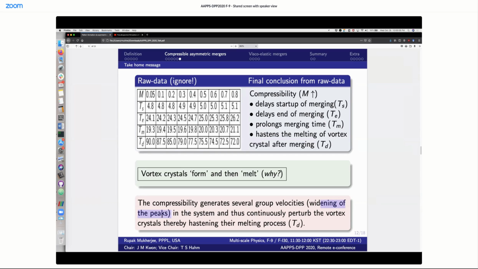That's why I mentioned the widening of the peaks in the system, and thus they continuously perturb. These different group velocities, these different modes, continuously perturb the vortex crystal, thereby hastening their melting process. So this is why, as we increase the compressibility, the melting happens faster and faster.